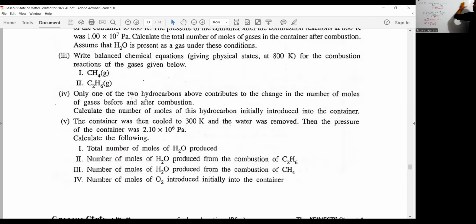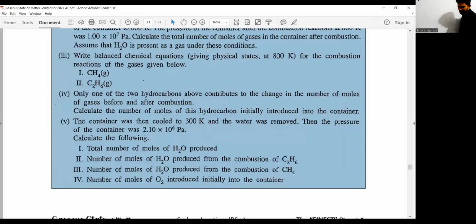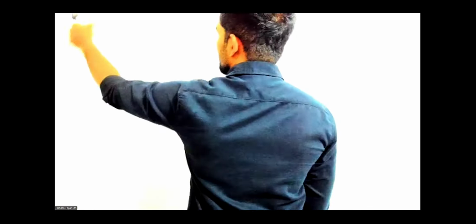Now, one thing we know for sure: how many moles of C2H6 was there? Okay, we know that one for sure. Now let's apply that equation. Fifth one, part 1.